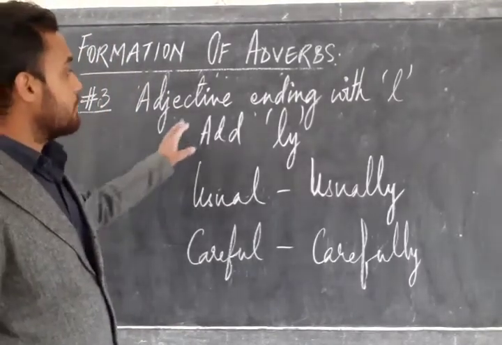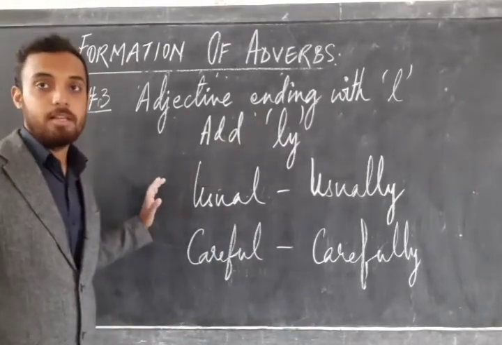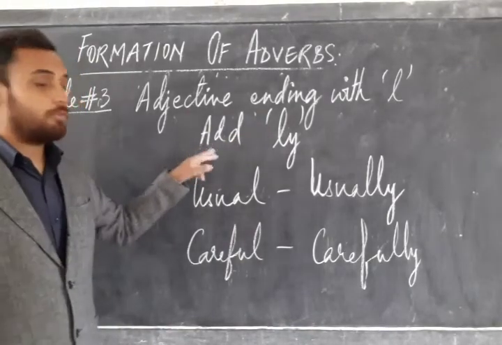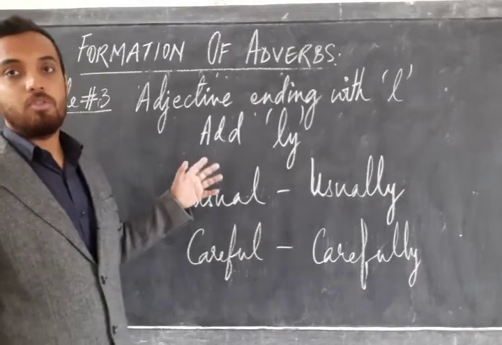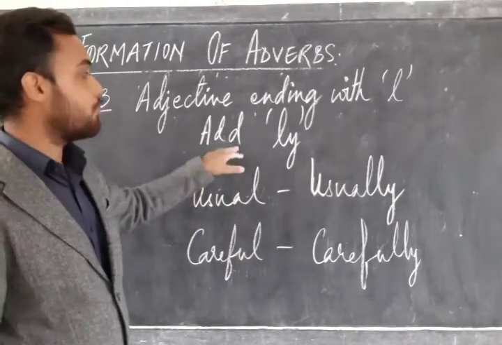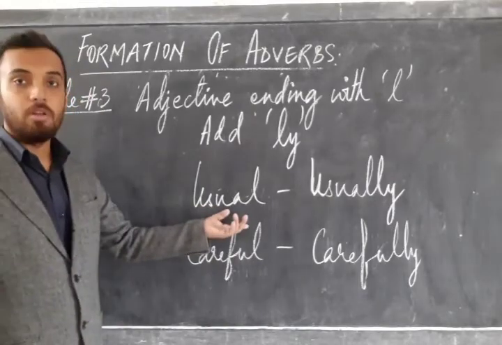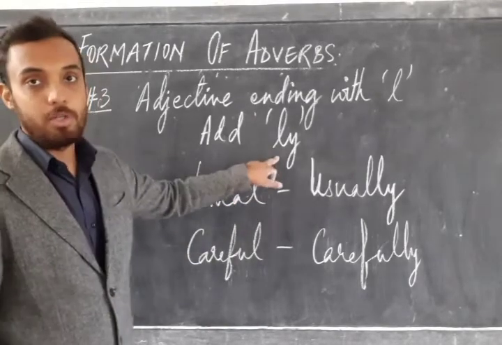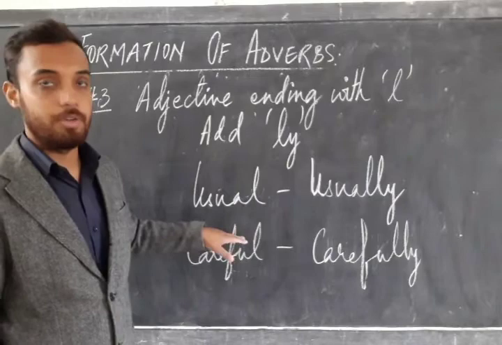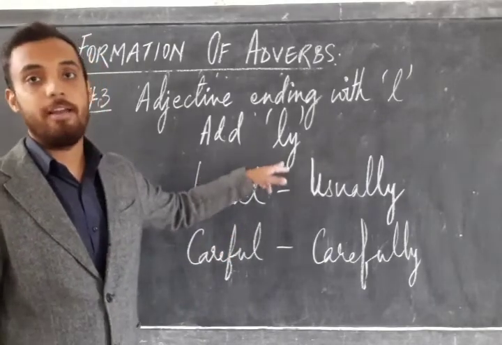Rule number 4 says adjective ending with the letter l. What do we have to do? Now over here we are not dropping any letters. We just have to add ly. Example, usual. Add ly to it. We are not going to drop any letter over here. Instead, we are going to add ly to them.